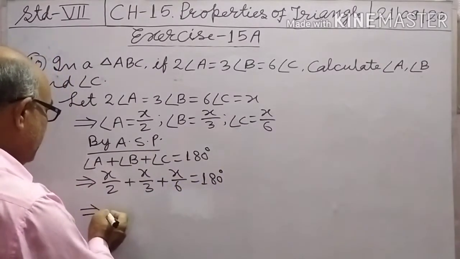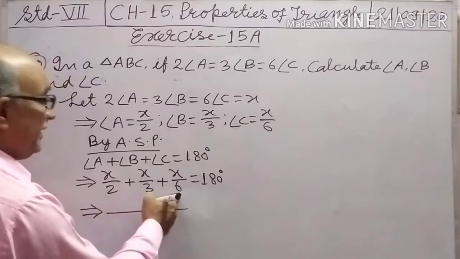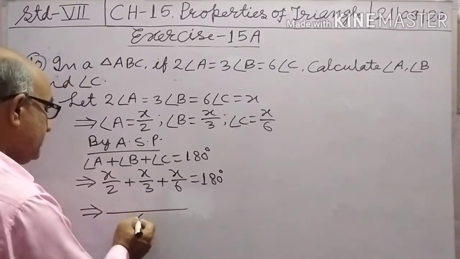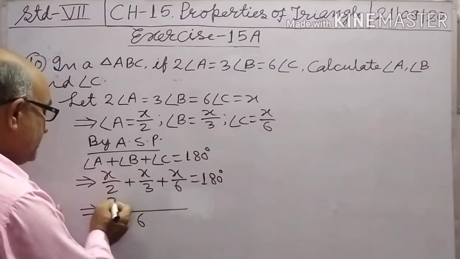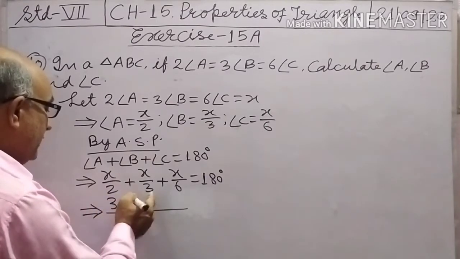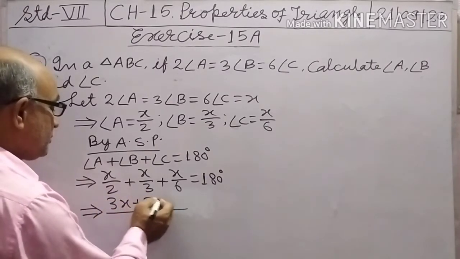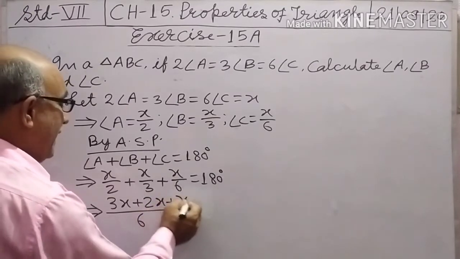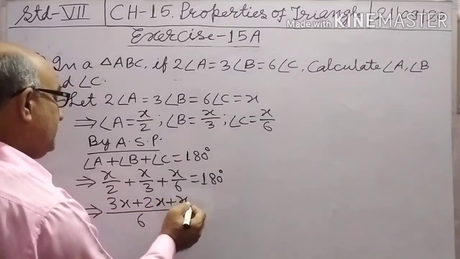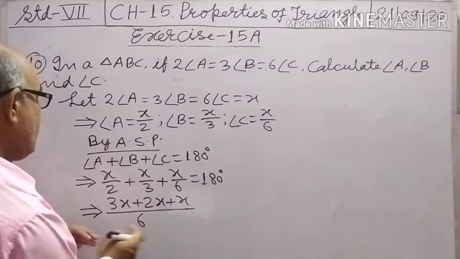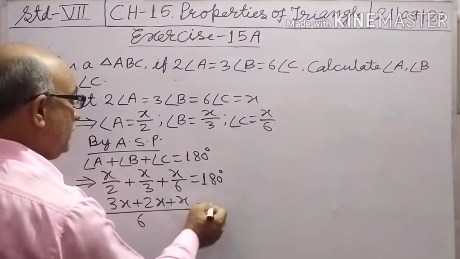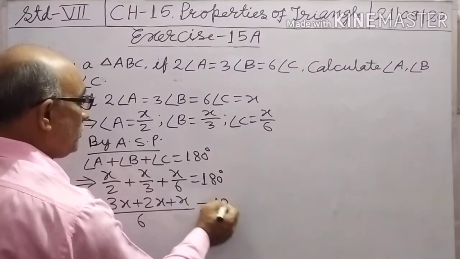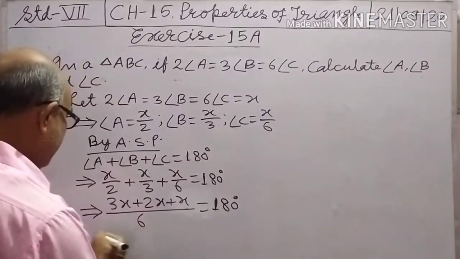Now LCM of 2, 3 and 6 is 6. 2 3s are 6, so 3x plus 3 2s are 6, so 2x plus 6 1 are 6, so x, equal to 180 degree.